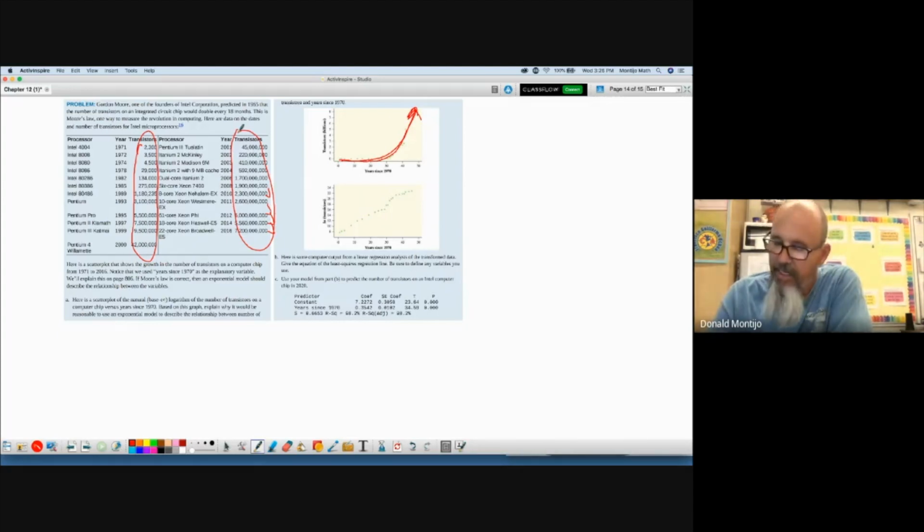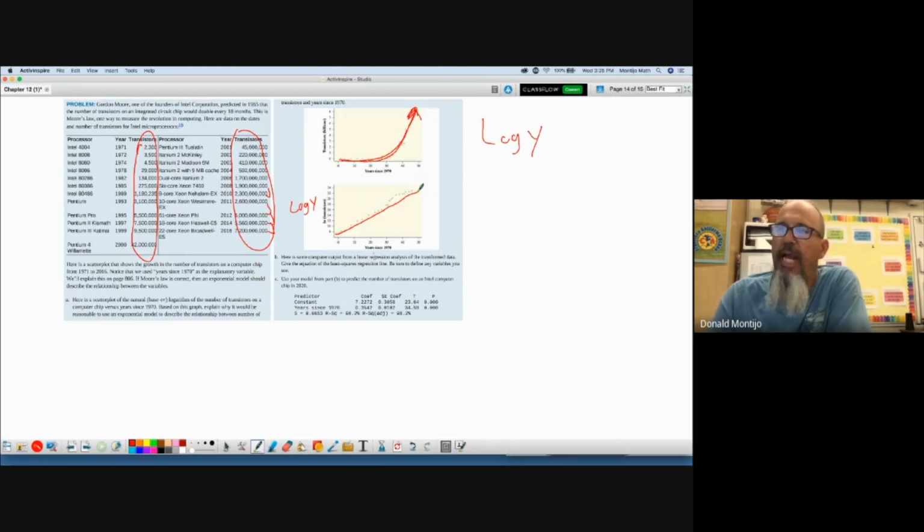So what we did was we took the response variable y, in this case the number of transistors, and we took the log of y. This graph underneath here is the log of y and the years. So now I can perform linear regression on the log of y versus years, because this data does appear to be roughly linear.